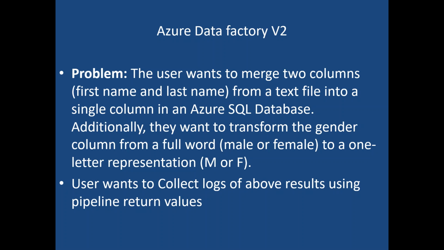Once we load it, we want to track the number of records read and written, from which data factory, which pipeline, what the run ID is. We want to return all these details to the master pipeline, so that the master pipeline collects them and logs them into the log table. We will see all of this completely in practicals.